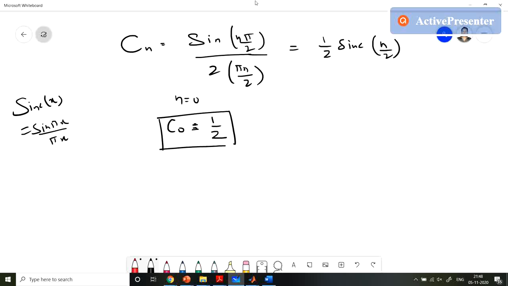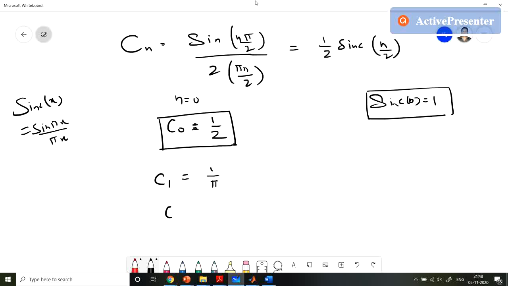So C0 is equal to 1 by 2, because sinc 0 is equal to 1, so 1 by 2 multiplied by 1 is 1 by 2. C1, when n is equal to 1, is 1 by pi.